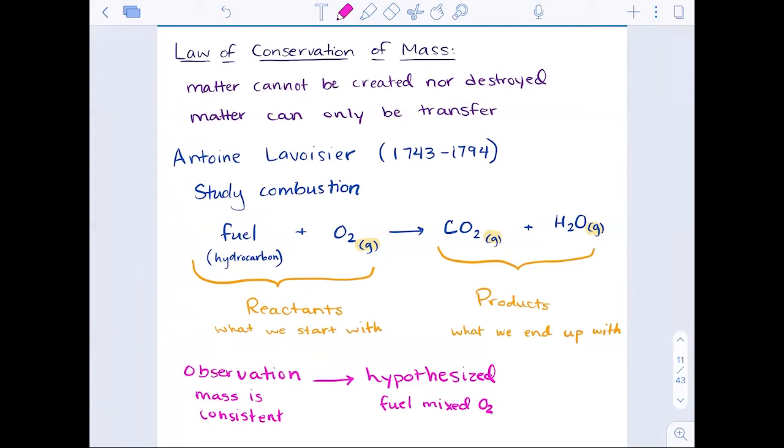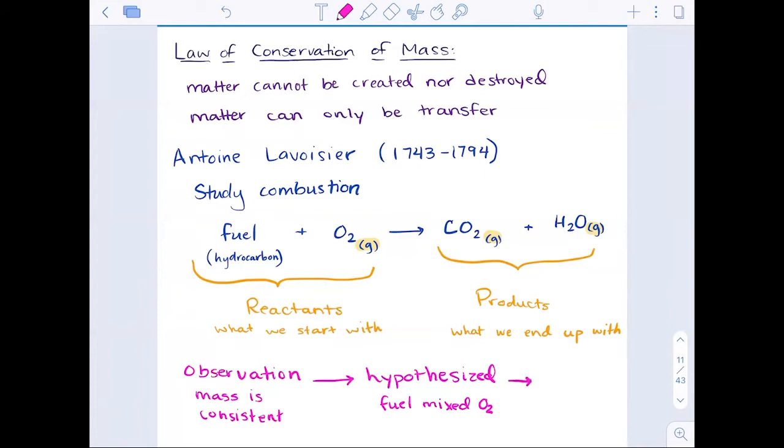In the mid-1700s, we didn't really know about reactions, which is mind-boggling and really fun to think about. He knew that something changed. He knew that whether he started with a liquid or a solid or a gas fuel, something happened because heat was also expelled. Combustion reactions, blowing stuff up, you know that's going to be an explosion. We know that now, but Lavoisier was simply just observing that.